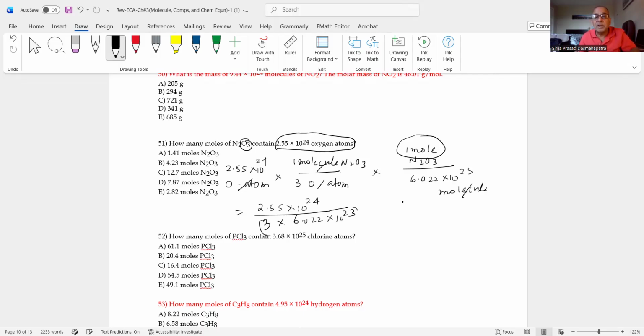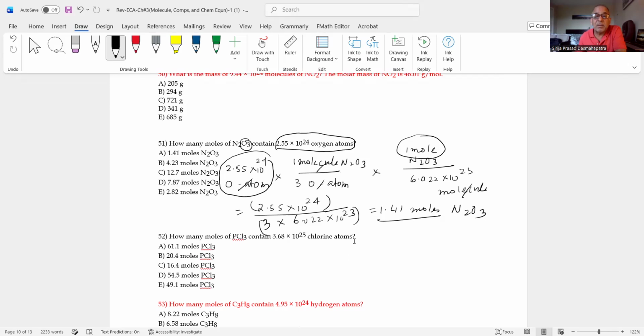Again, you put parentheses when you put it in the calculator. Without parentheses, it could be really, really difficult. Okay? So if you put it in the calculator, it will come to around 1.41 moles of N2O3. So it means if you take that many moles of N2O3, it will contain this number of oxygen atoms.